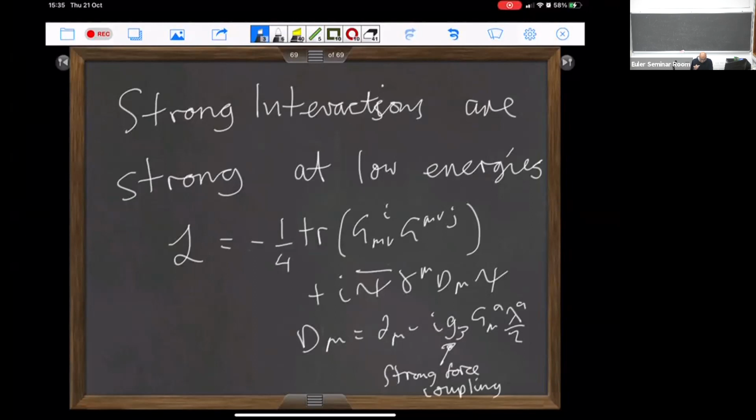Now, as you all learn in quantum field theory, any gauge coupling in any gauge theory, unless there are no interactions, is dependent on energy scale.